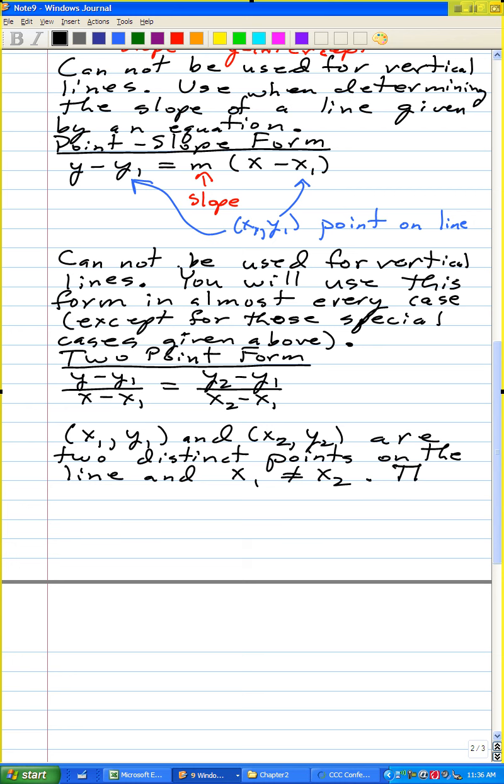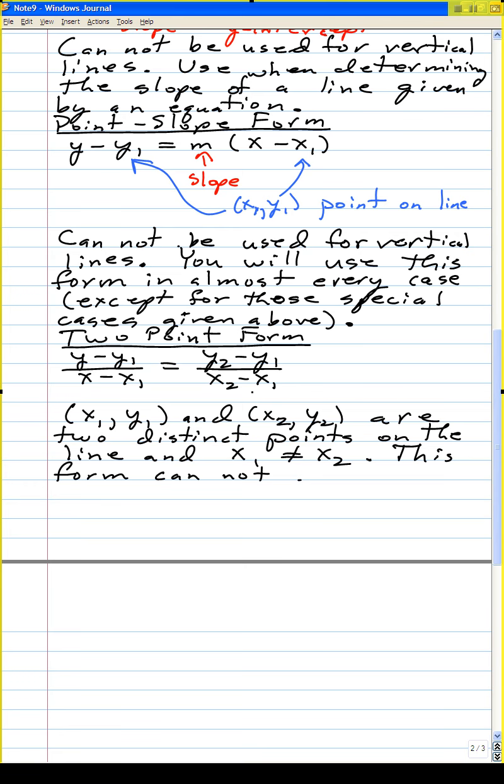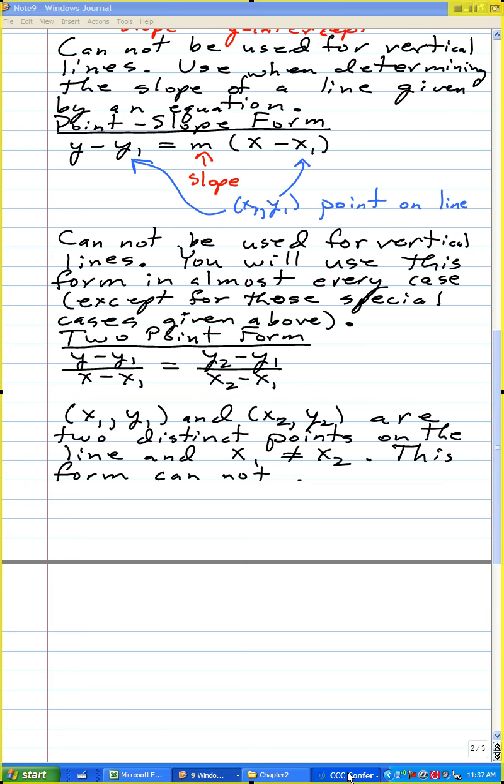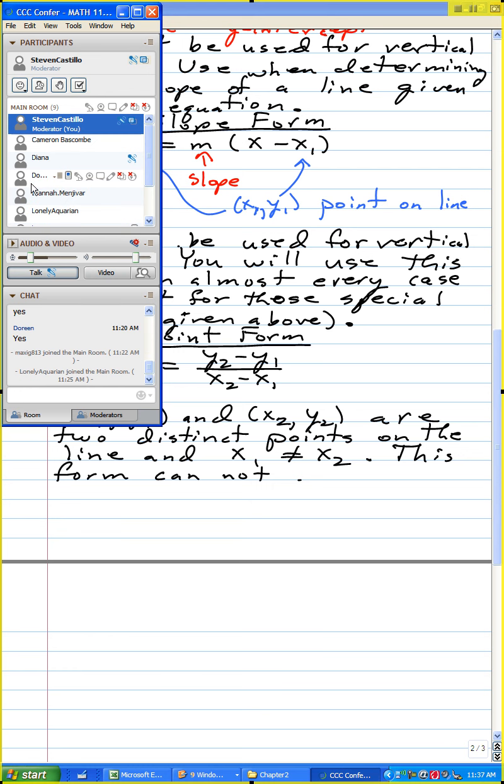So this form cannot be used. Whoops. Uh-oh. Come back. Okay, let's check. It probably went out.